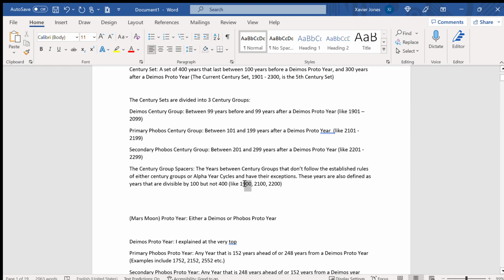I should probably do this for this specific century set. So like 2100, 2200, 2300. And for the current century set, that would be from 1901 to 2099.